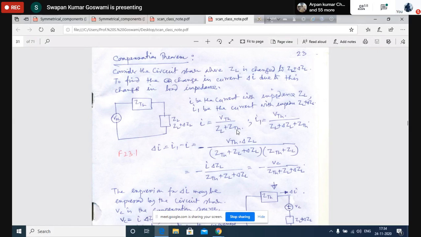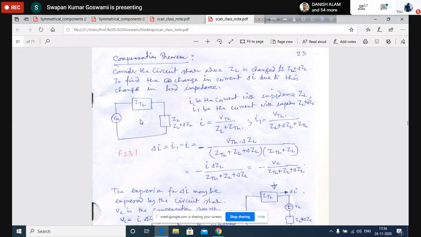Now, say this impedance is changed to ZL plus delta ZL. Then what will be the current? It will be V Thevenin divided by ZL plus delta ZL plus Z Thevenin. So this is the current. Very easily we can find it here because this is a very simple circuit.